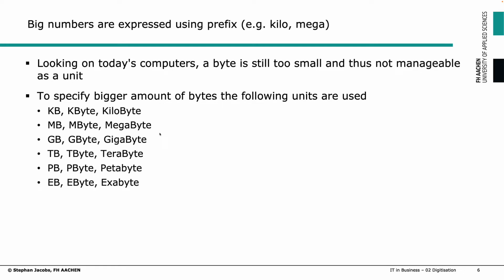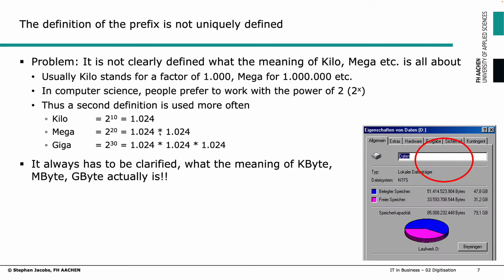Now this has a drawback, as 1,000 is not a number in the form of 2 to the power of something, and this has advantages in the computer. So computer scientists redefined the value of kilo.